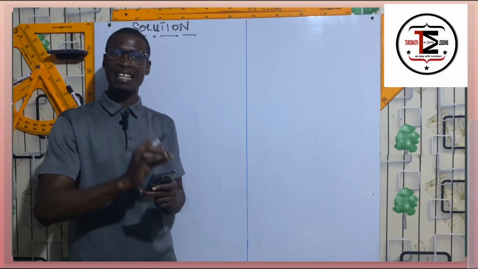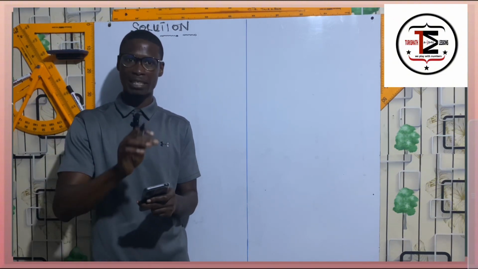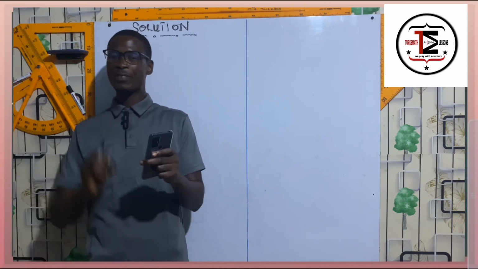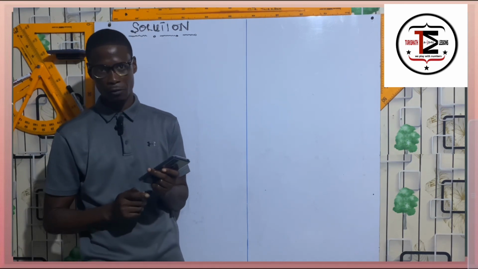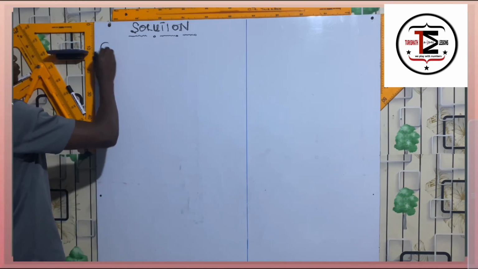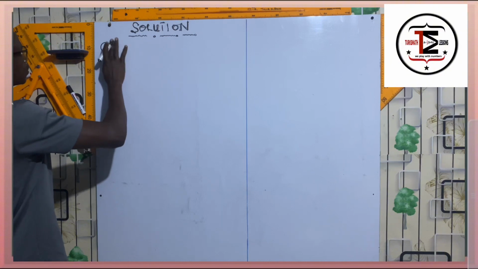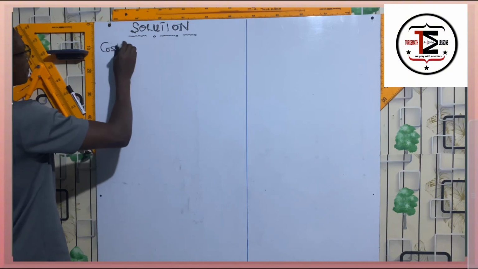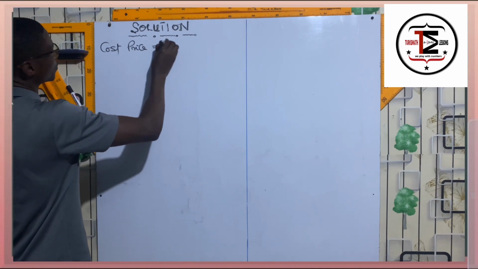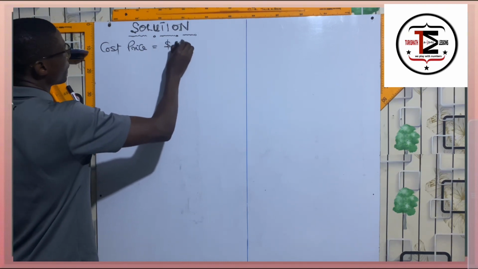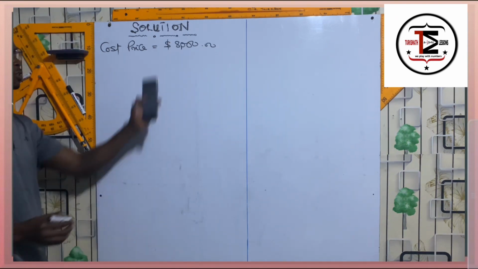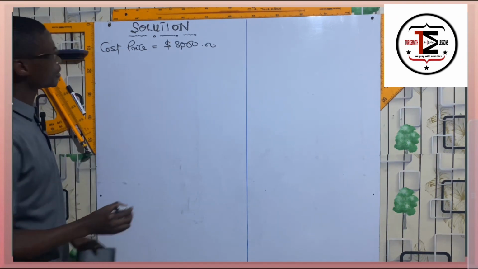Before you start solving any question in mathematics, you need to know where the question has been lifted from. They say a man bought a car, so you have to get what? Your cost price, which costs $8,000.